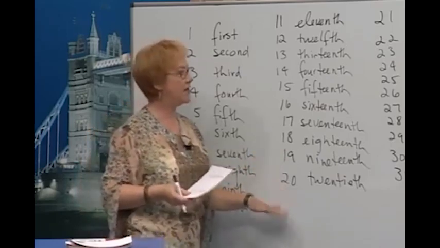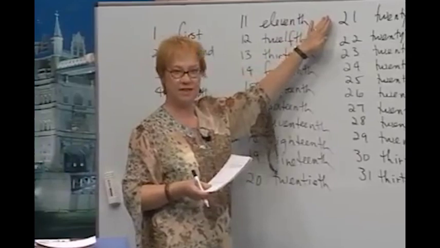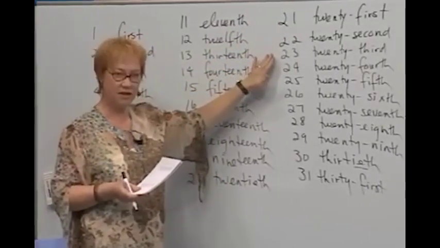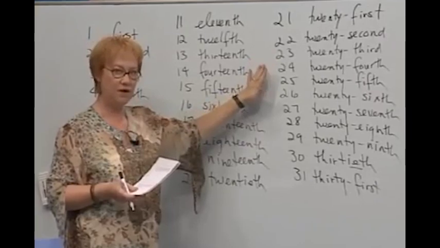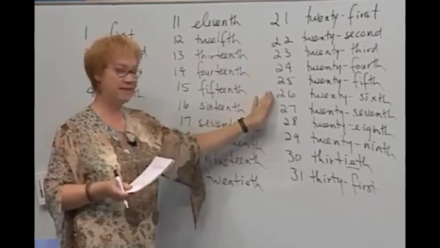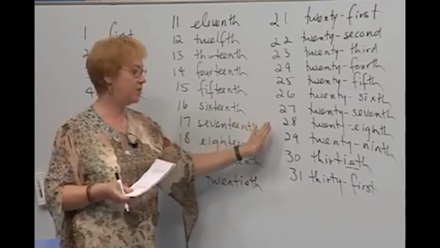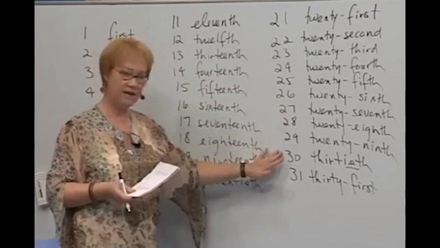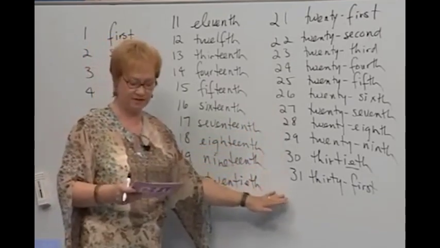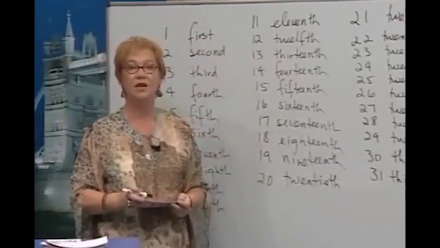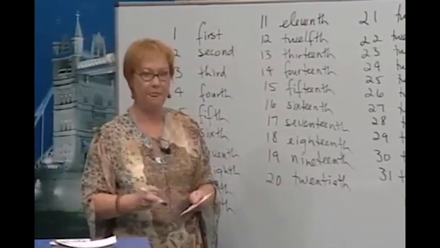And now into the last group, 21st, 22nd, 23rd, 24th, 25th, 26th, 27th, 28th, 29th, 30th, 31st. Okay, now we have the days for every day of the month.